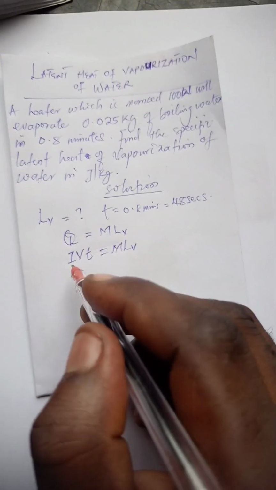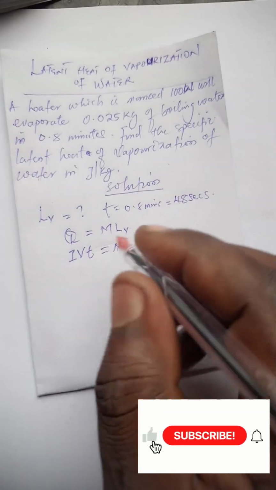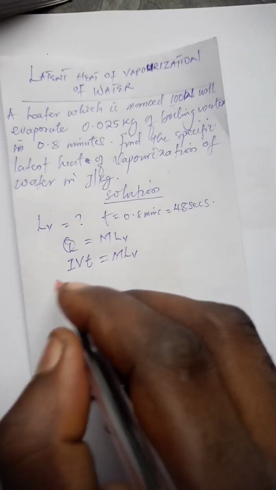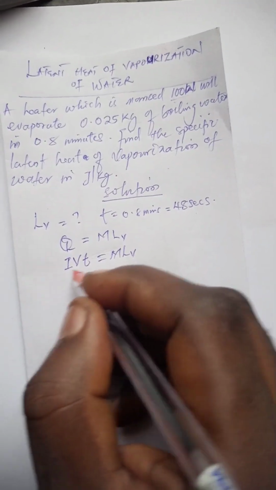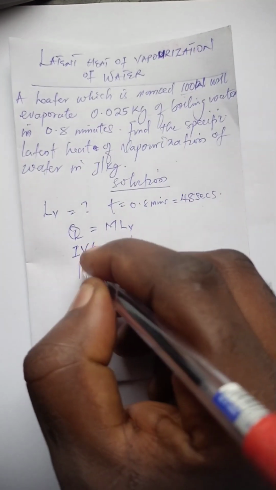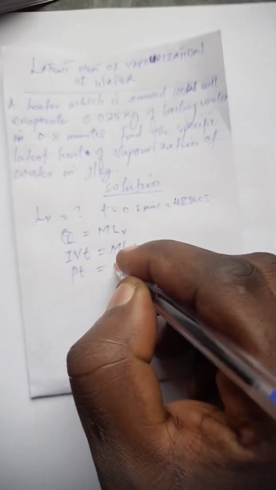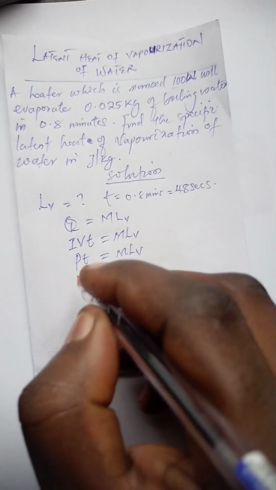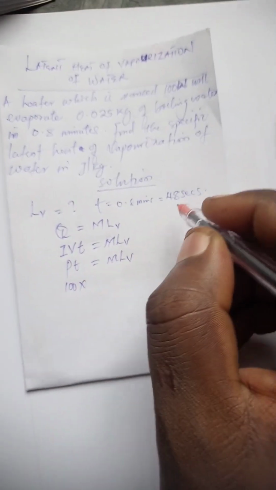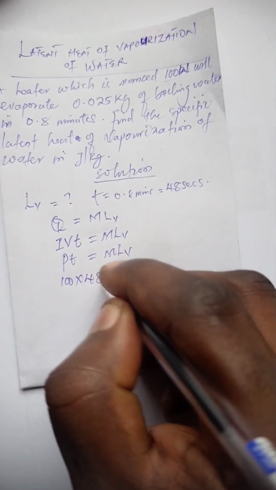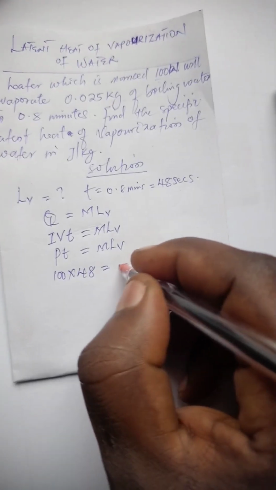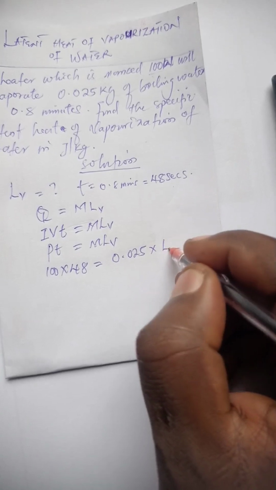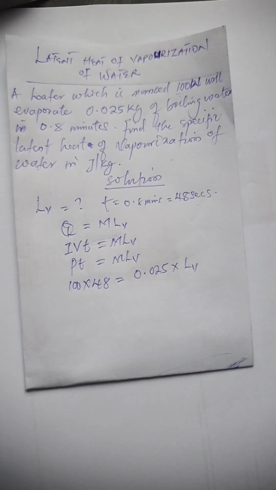But in this case we don't have current and voltage, but if you observe here, we have 100 watts, which is power, and power is the same thing as current times voltage. So we can use PT equals MLV, right? So if our P is 100 and our time is 48 seconds, the mass given is 0.025, and then we are looking for LV. You see, we have gotten it.